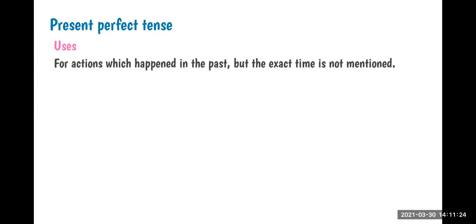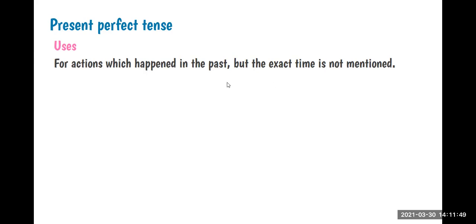But the difference is that when we use the past simple, we mention the exact time when something happened. For example, I watched that movie yesterday. Okay, so we are mentioning it. But if I don't mention this, I can say I have watched that movie, but I am not mentioning the exact time when something happened.